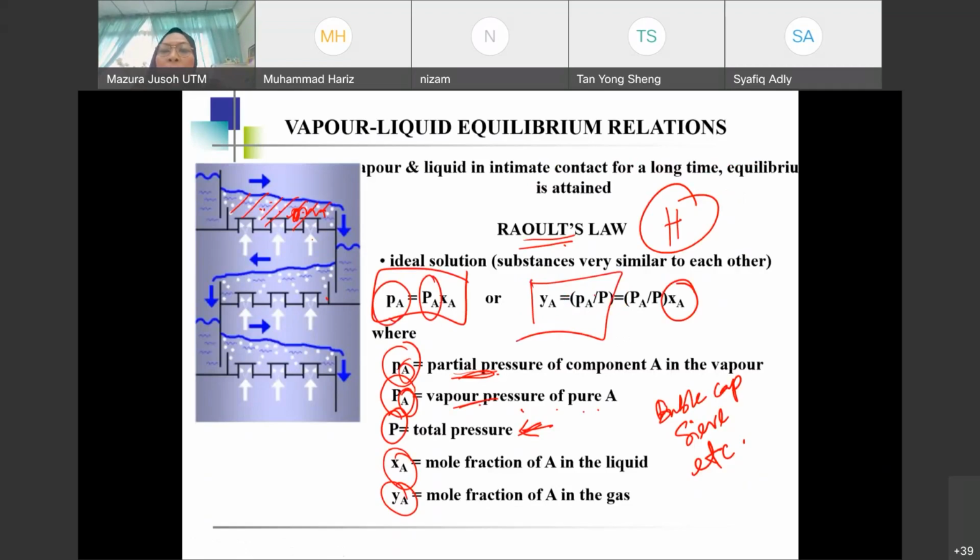You will change the PA into vapor pressure over total pressure. Okay, so you will put this equation into this equation, and you will finally get YA equals PA over PXA, and you will need the vapor pressure to do the calculation.